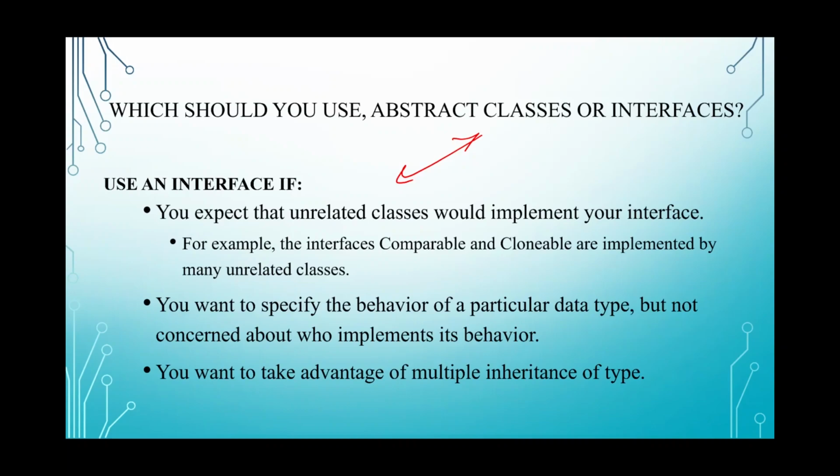You want to specify the behavior of a particular data type, but not concerned about who implements its behavior. Also, if you want to take advantage of multiple inheritance of a type, since you don't have multiple inheritance, you can do multiple interfaces.